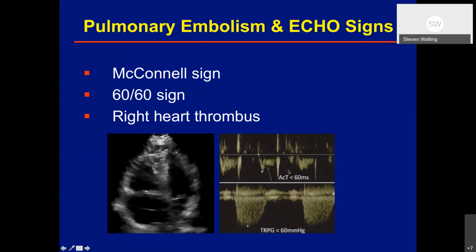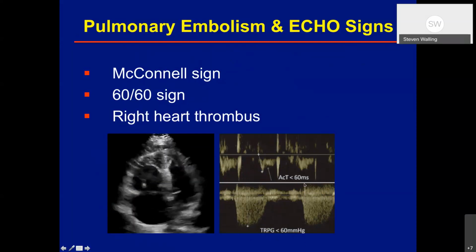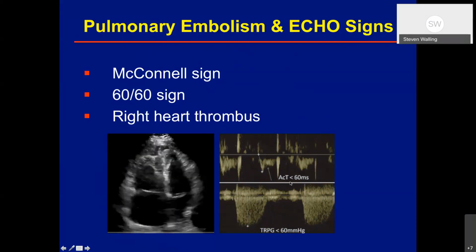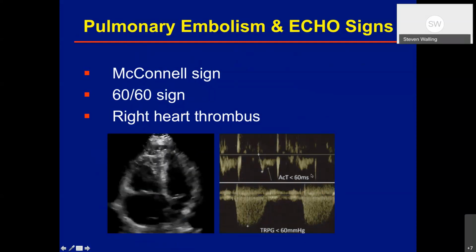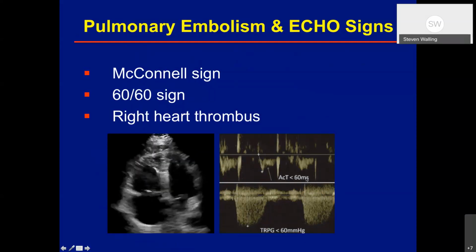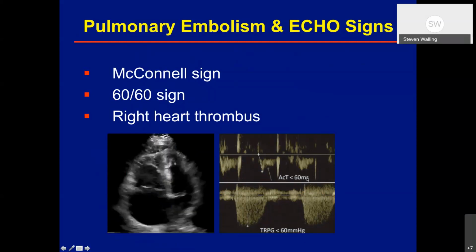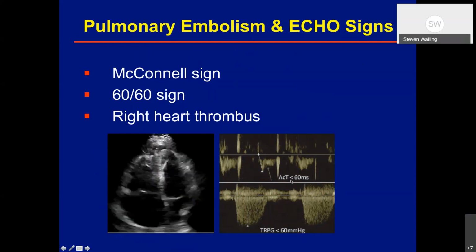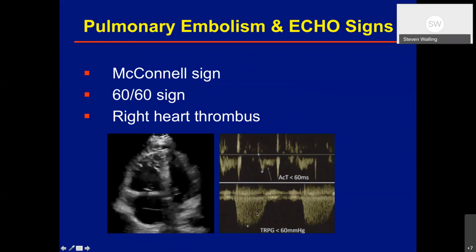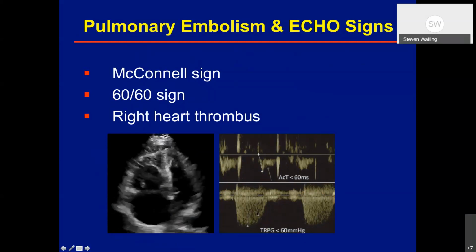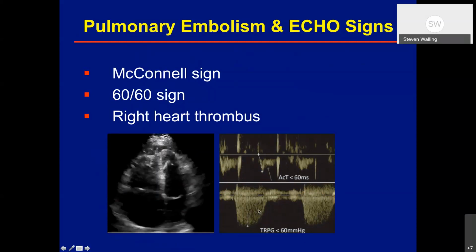The shorter this acceleration time, the higher the PA pressure, based on the formula we remembered early on: 90 minus 0.62 times the acceleration time. So this is another sign with very high specificity for acute PE.